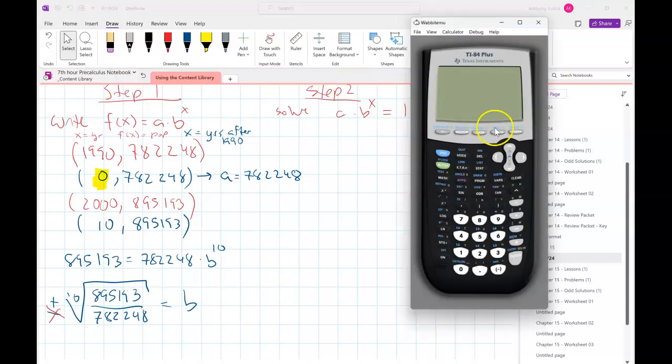So if I go look at my calculator, I type in the number 10, and then I press math and command 5. That makes a 10th root. And then I can just do my fraction command and type that in there.